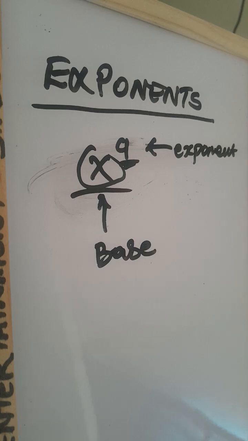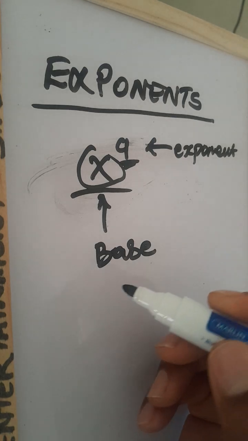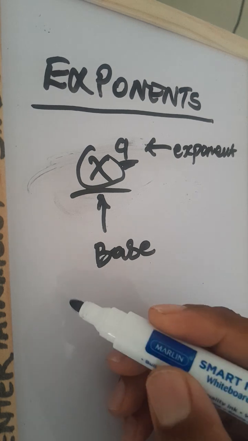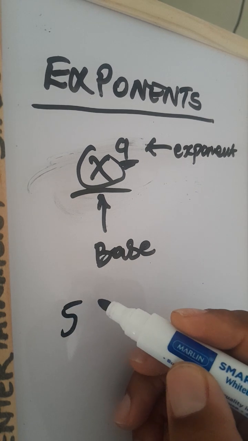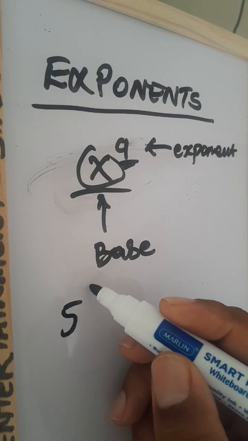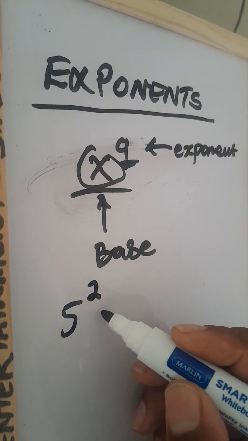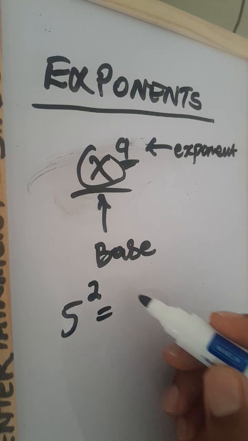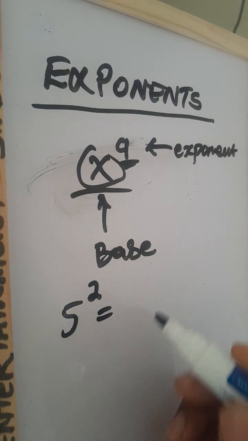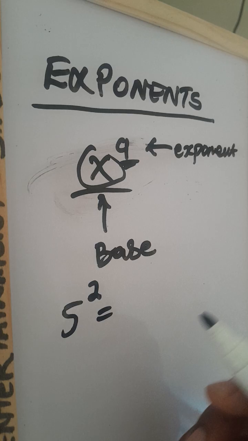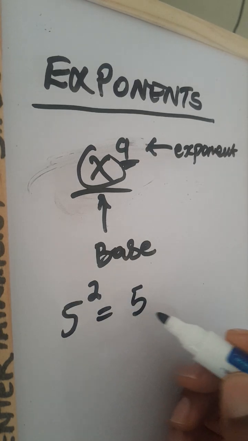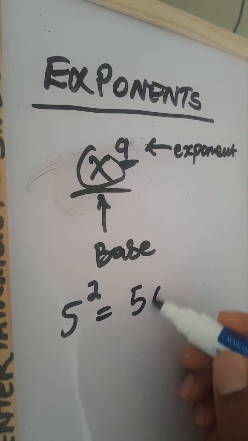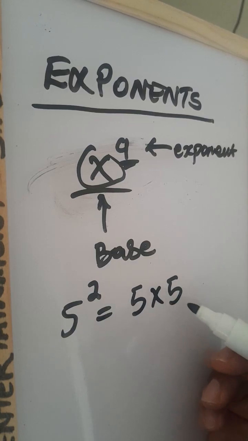So, for example, let's take 5 as a base to the power 2. It means the base will multiply itself 2 times. This means you will say, for example, 5 multiplied by 5.